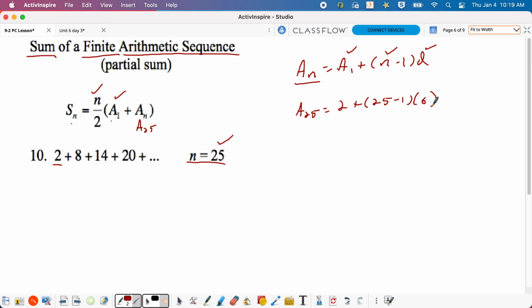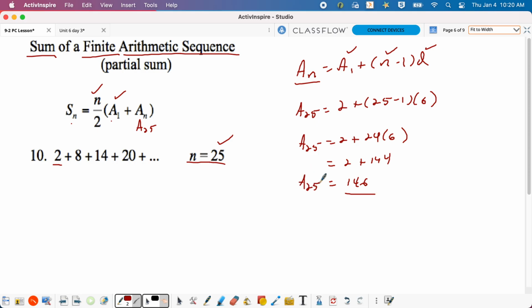So I plug in what I have, take a couple seconds, find that 25th term, and then we'll go back and find the sum. I did my math right, which I think I'm good. My 25th term is 146.